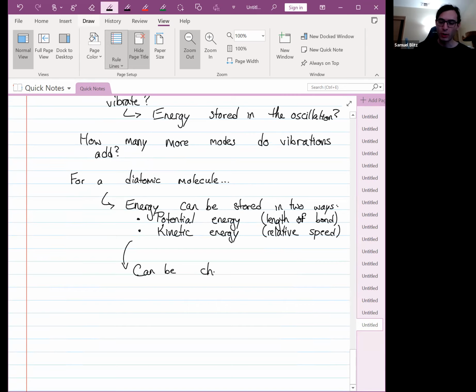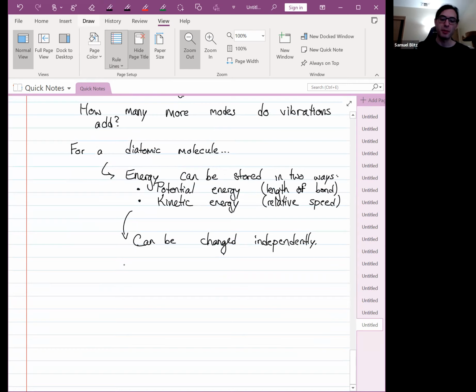Now they'll exchange with one another, but their average values can be changed independently. And so for a diatomic molecule, we get 2 more modes associated with this vibrational degree of freedom. These would be called vibrational degrees of freedom.